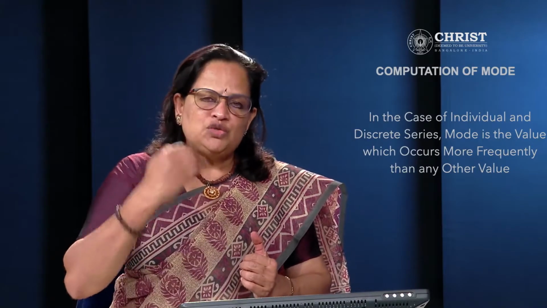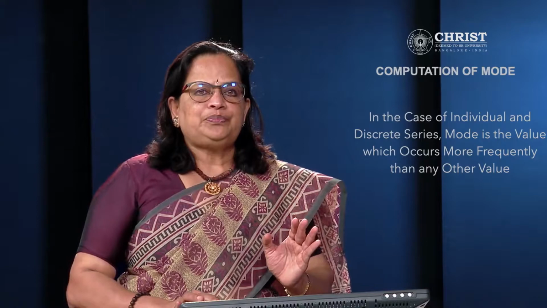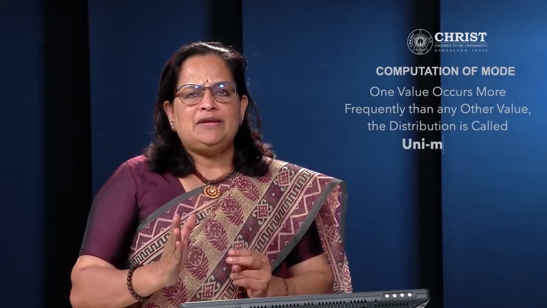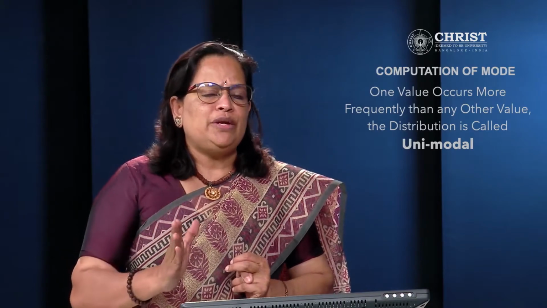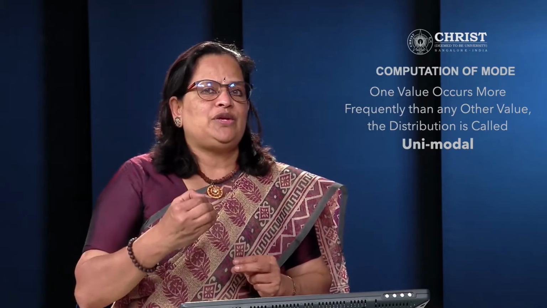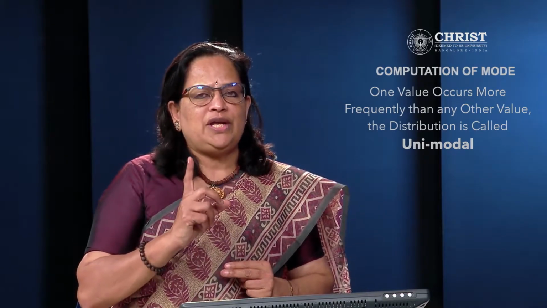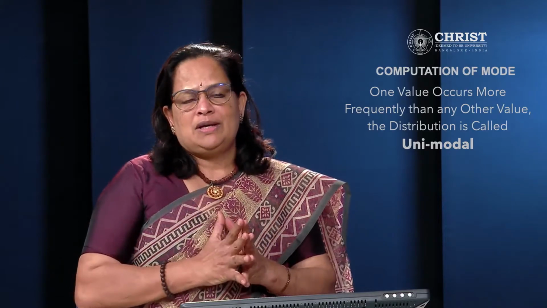In case of individual and discrete series, mode is the value which occurs more frequently than any other value. But this will be true only if there is a marked difference between the highest frequency and the next frequency. If one value occurs more frequently than any other value, the distribution is called unimodal. In our example, 7 has the highest frequency and only one value got the maximum frequency 40, so that is called a unimodal class.